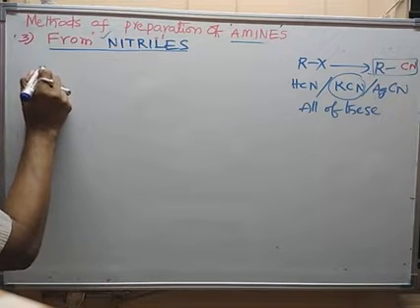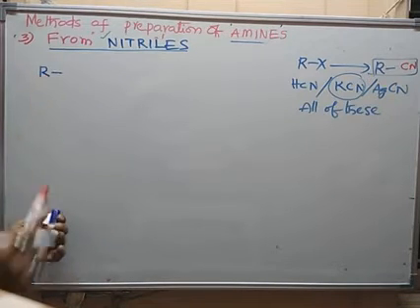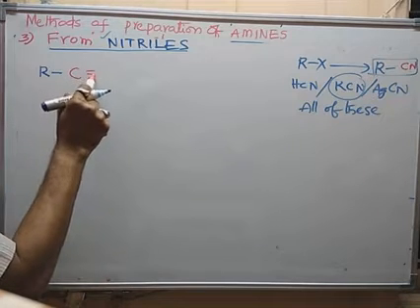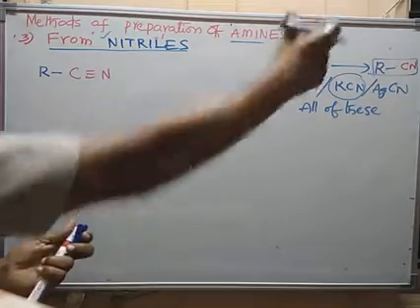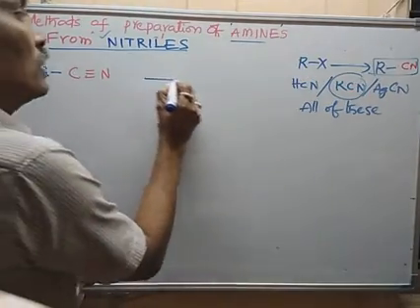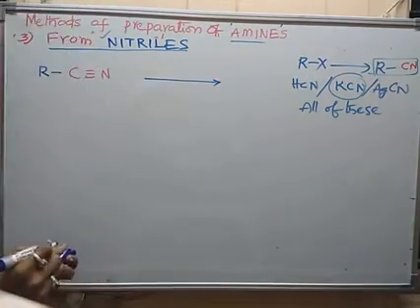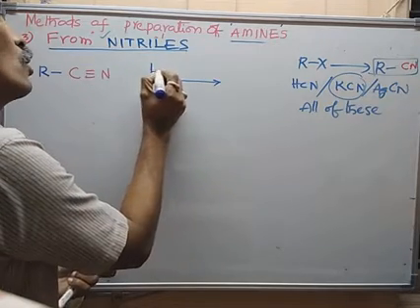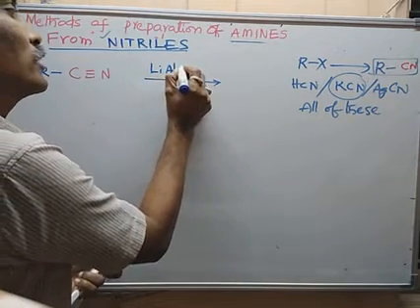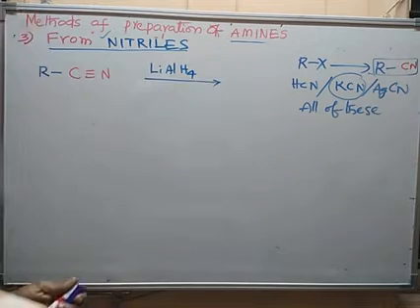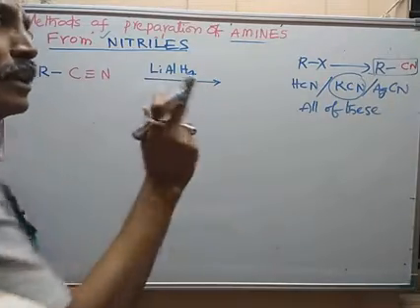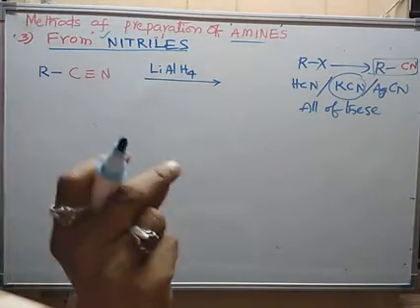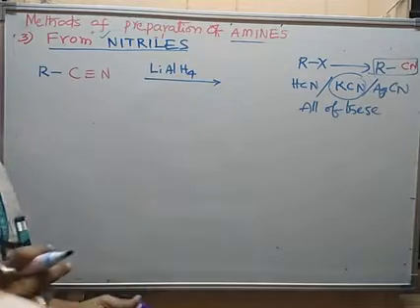How do we represent R, C triple bond N? If you are not comfortable, write CN without showing bonds. Treated with some reagents, as this is a well-known reagent you have interacted with previously: lithium aluminium hydride. This lithium aluminium hydride is a frequently used reducing agent.